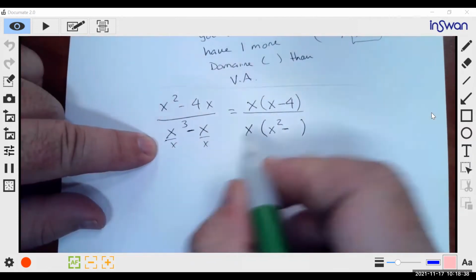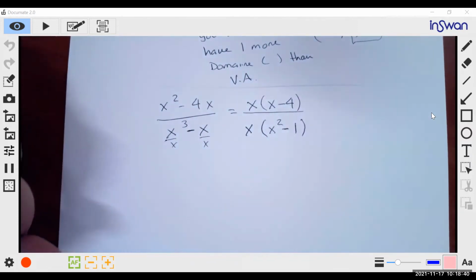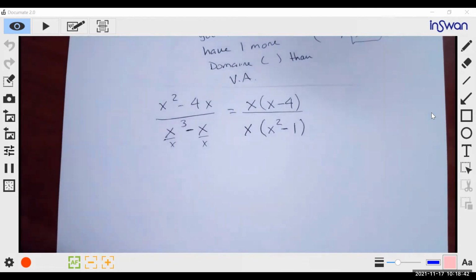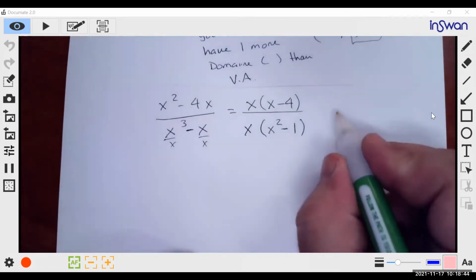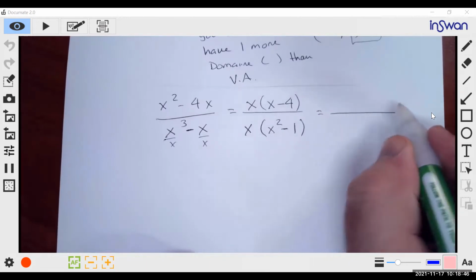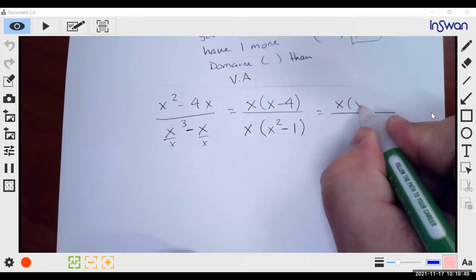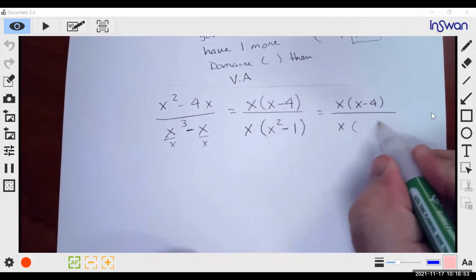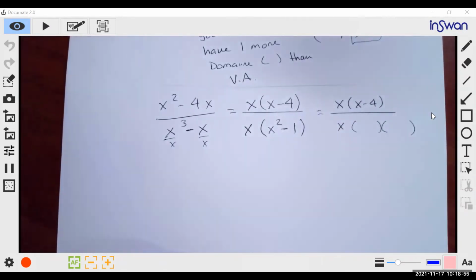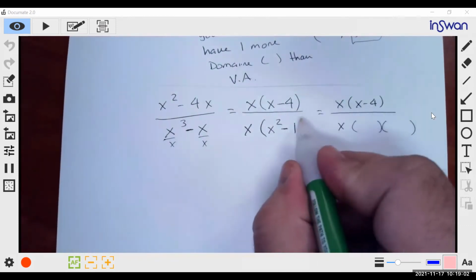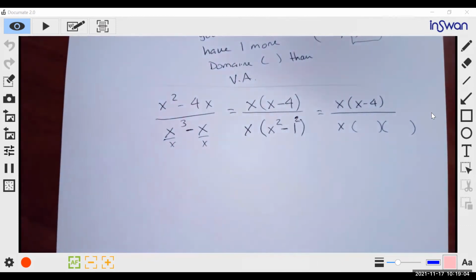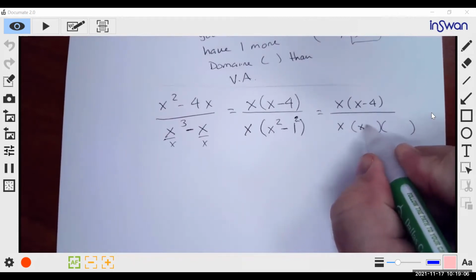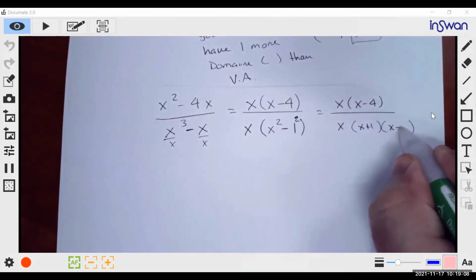Minus x divided by x is 1. And the bottom can be factored out even further. X squared minus 1 is the difference of two squares. So it's x plus 1, x minus 1.